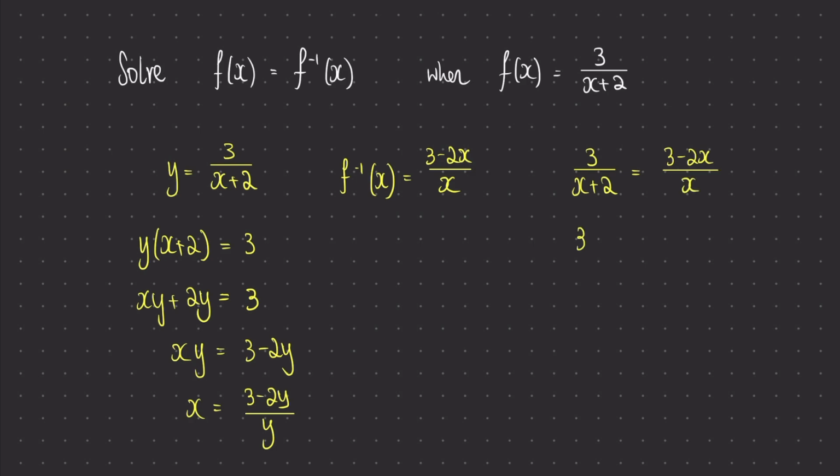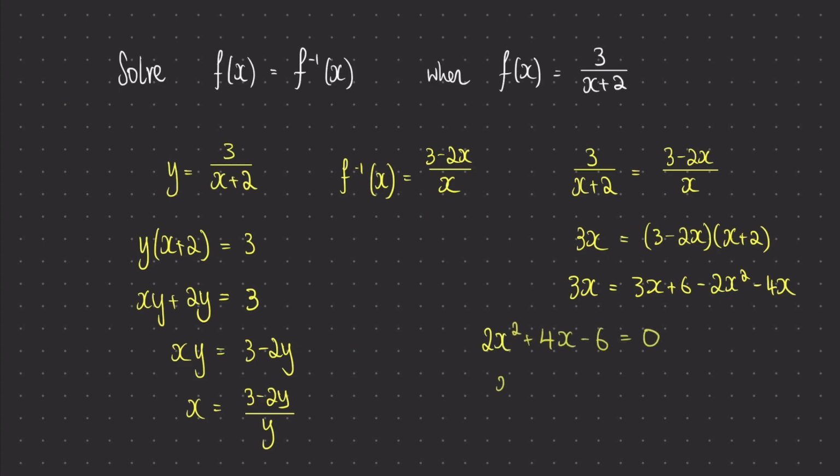Timesing both sides by the denominators, we get 3x equals brackets, 3 minus 2x, close brackets, times by the bracket x plus 2. Let's expand and solve this, rearranging and making the quadratic equal to 0, simplifying on both sides, factorizing, and finding our two solutions, which are x equals minus 3 and x equals 1.